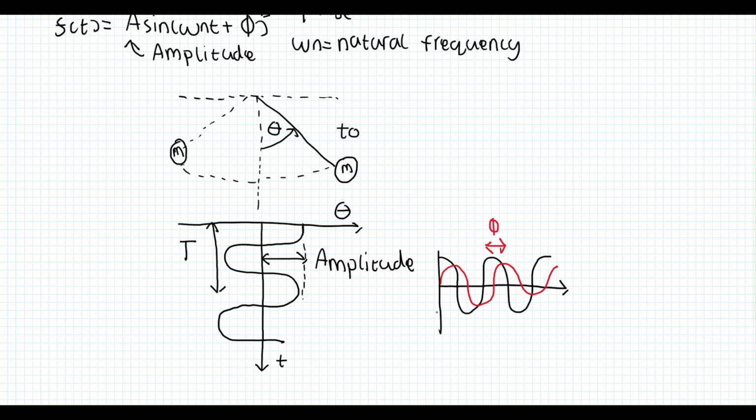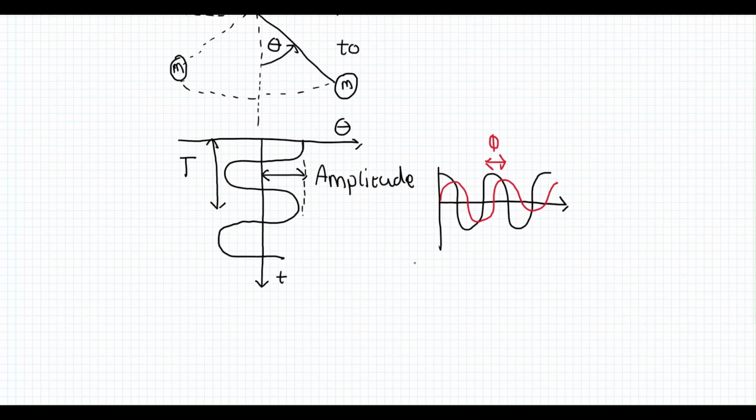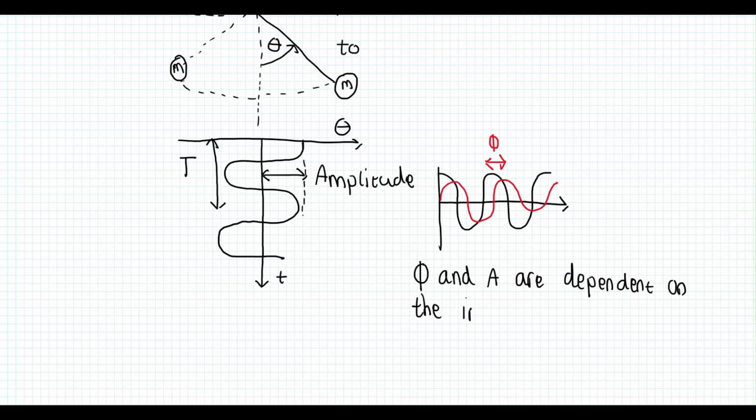With that in mind, it is also worth mentioning that phi and A, which are our phase and our amplitude, are dependent on the initial conditions of the system.